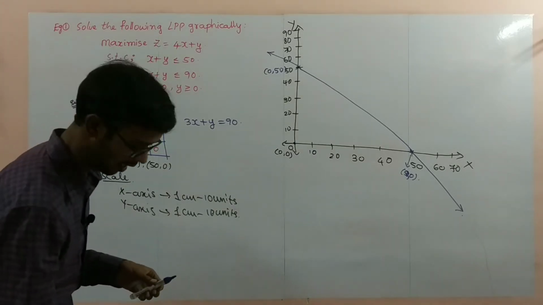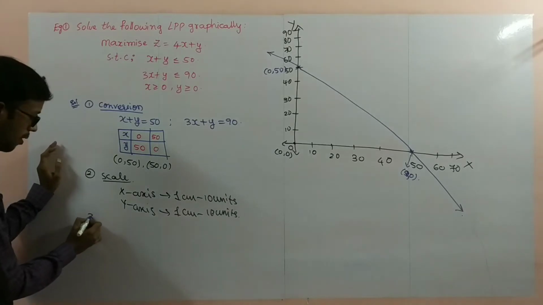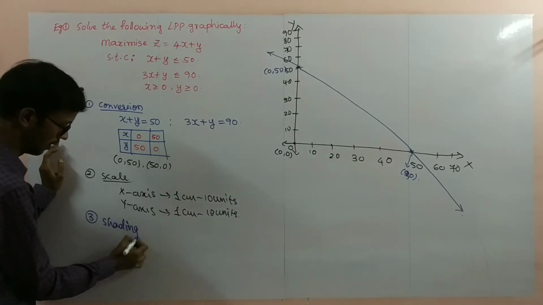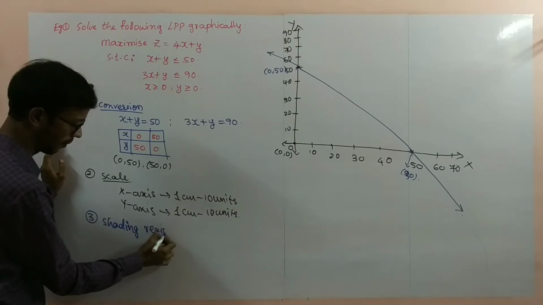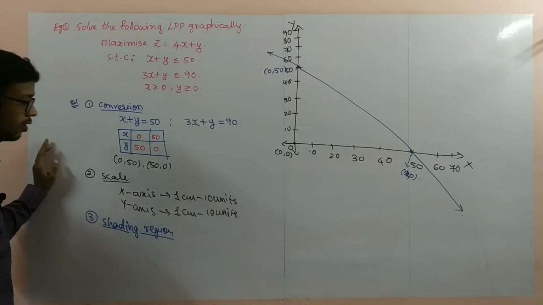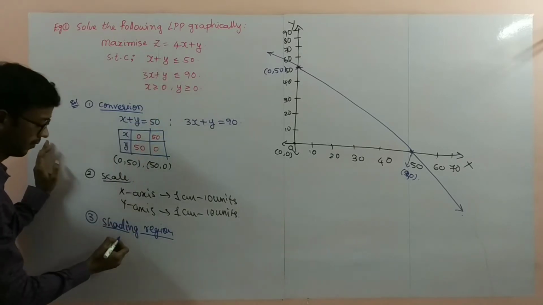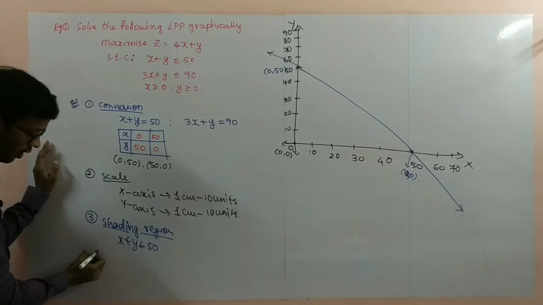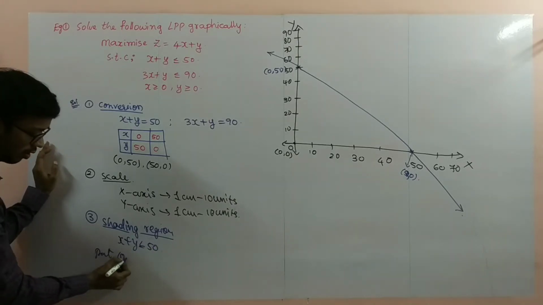Third point is shading the region. So for the first inequality, x plus y is less than or equal to 50, put 0 comma 0.